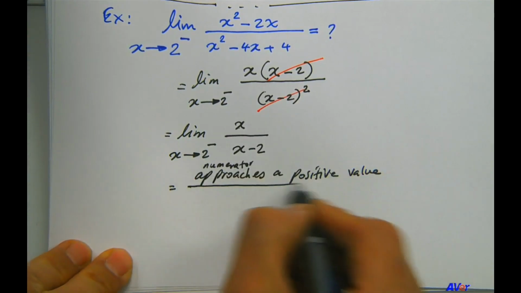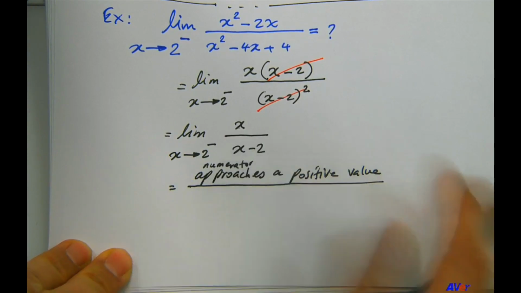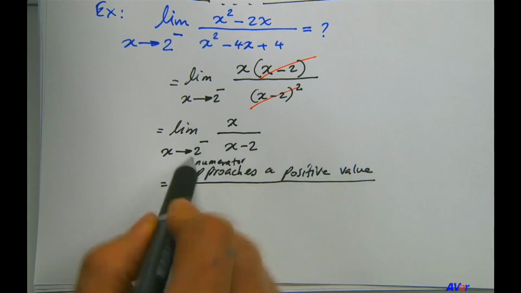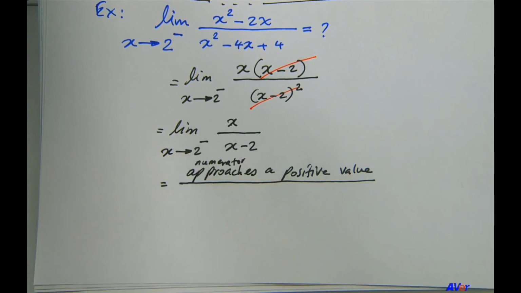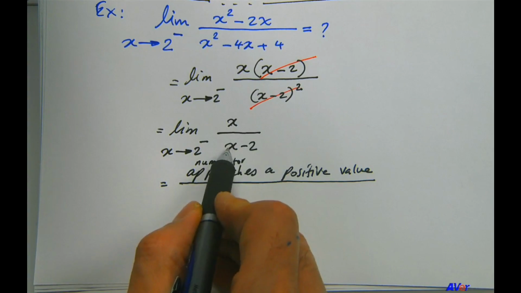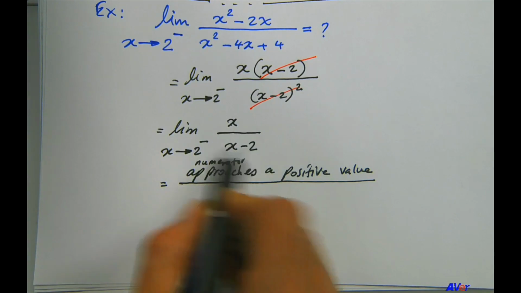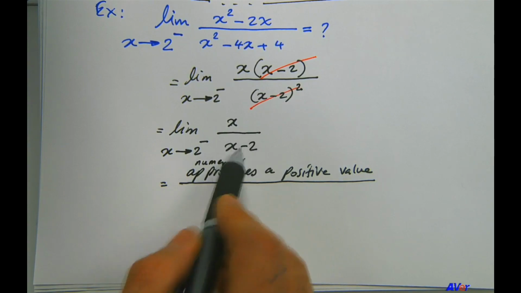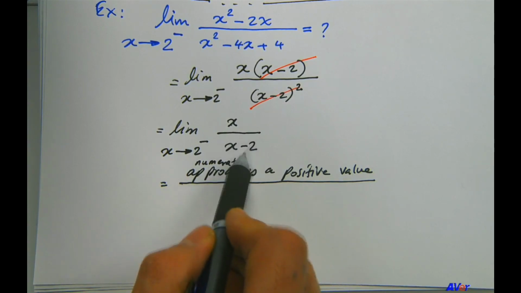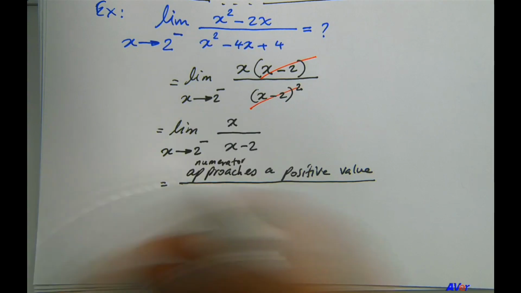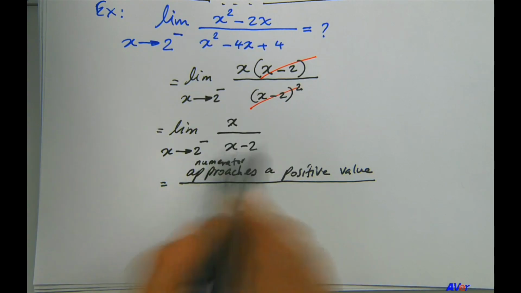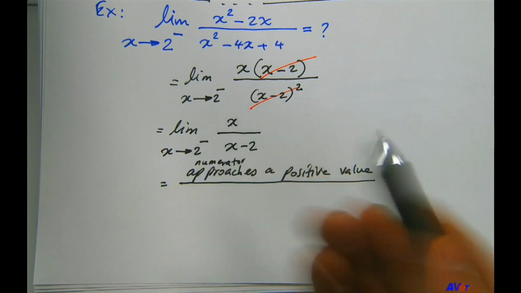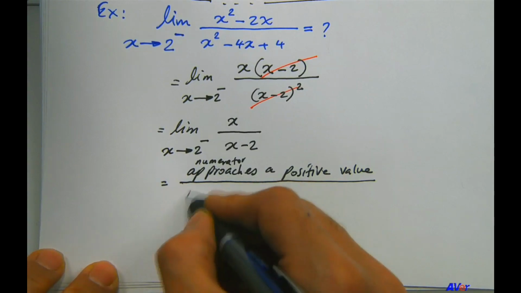And what happens in the denominator? What does the denominator approach when x approaches 2 from the left? So if this is 1.999, this value approaches 0, but from the negative side, right? So it approaches 0 as a negative value. So let's write that down.